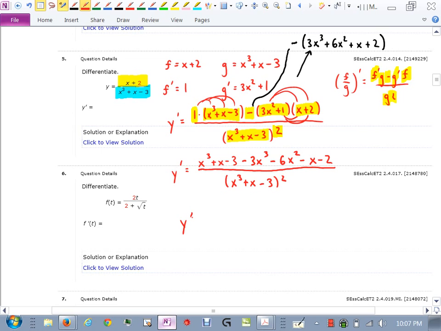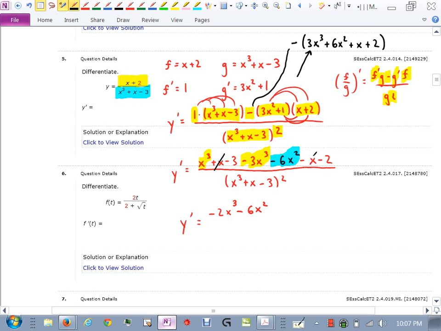Okay, in the top, I have some like terms here, x cubed here. Here's a negative 3x cubed, so that's going to give me negative 2x cubed. Sometimes my computer just has trouble keeping up. And then now my x squared, I only have this, so minus 6x squared. And then my x terms, oh, they cancel, don't they?